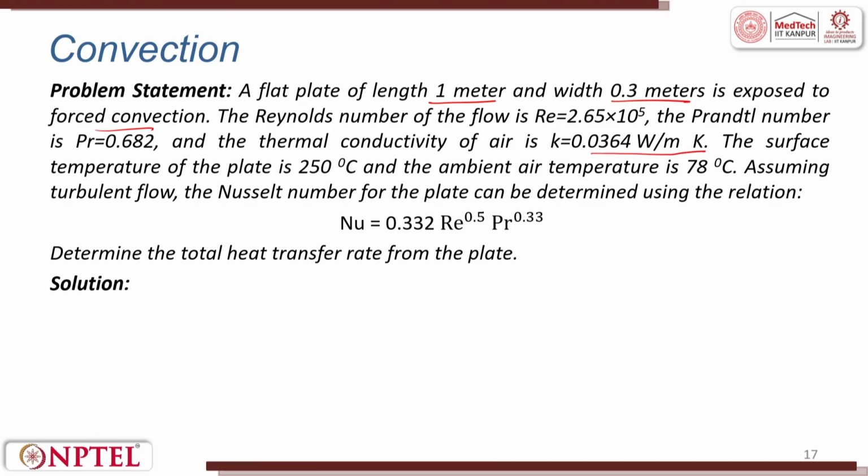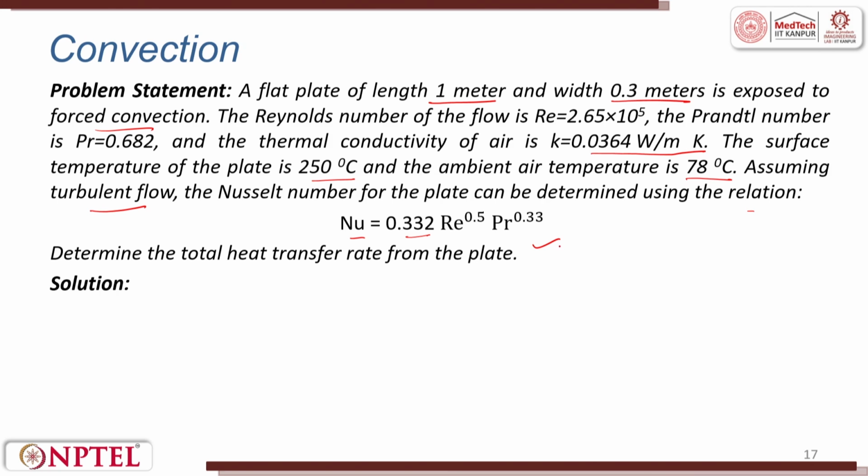The surface temperature of plate is 250 degrees centigrade and ambient air temperature is 78 degrees centigrade. Assuming turbulent flow, the Nusselt number of the plate can be determined using this relation, Nu is equal to 0.332 Re to the power 0.5 and PR to the power 0.33. Determine the total heat transfer rate from the plate.